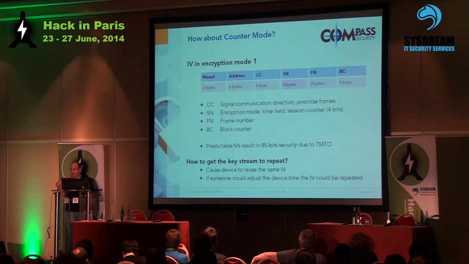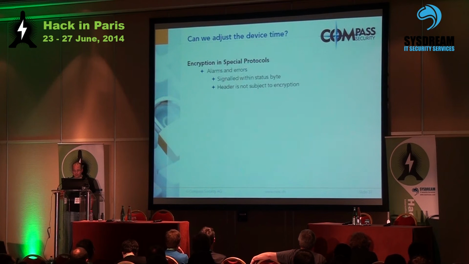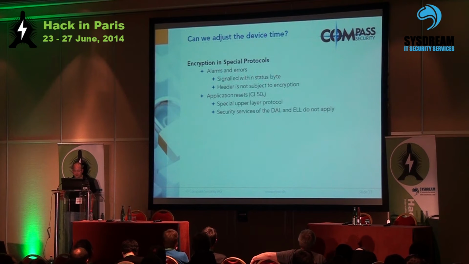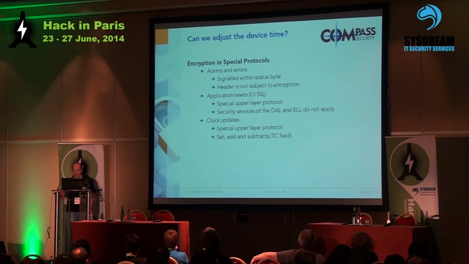And actually, set, add, and subtract from the clock counter doesn't need any encryption or authentication. So we could actually update the clock of such a meter, provided it is implemented. We have keystream repetition, which means we could get the information from the ciphertext.